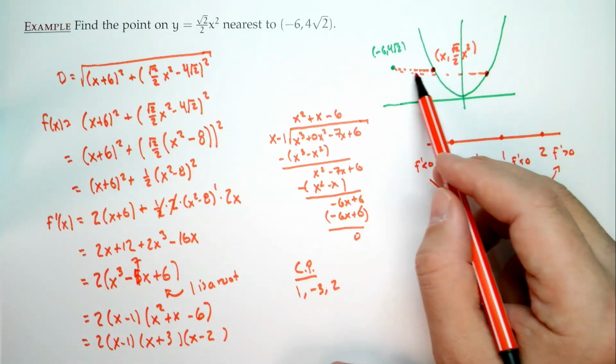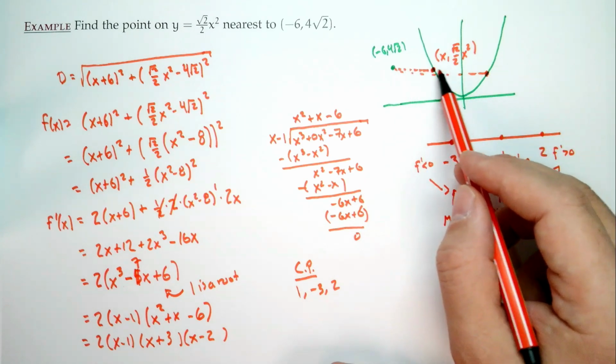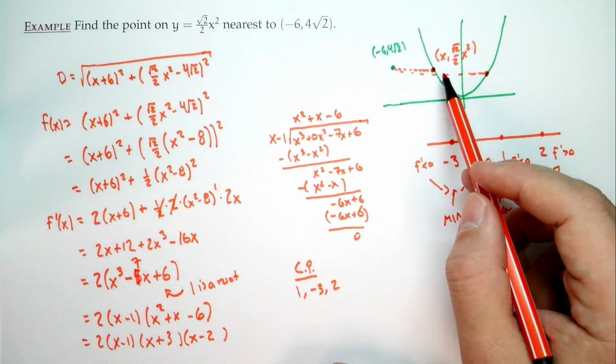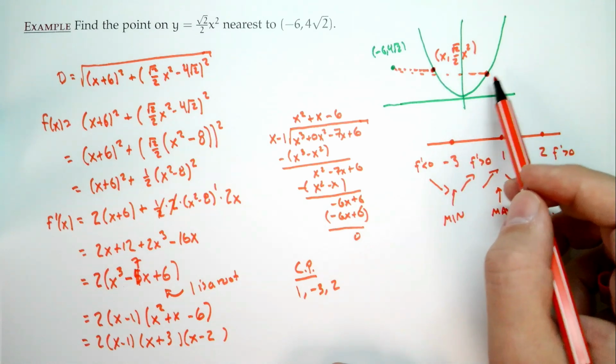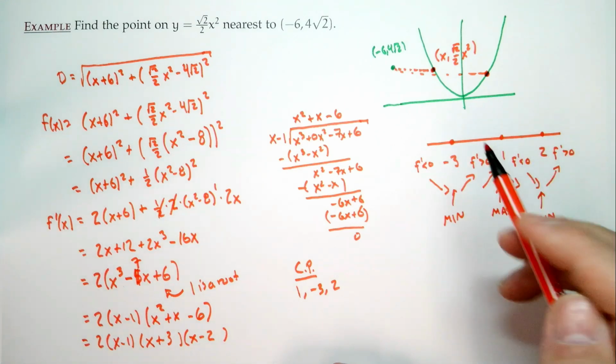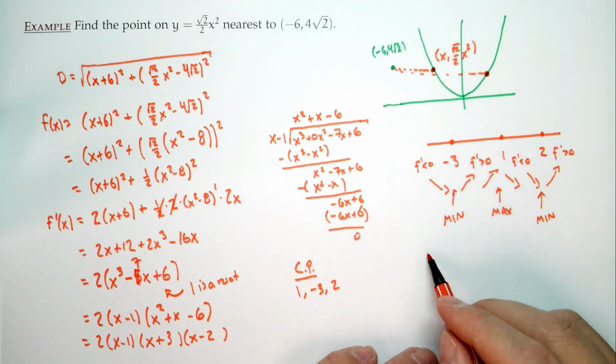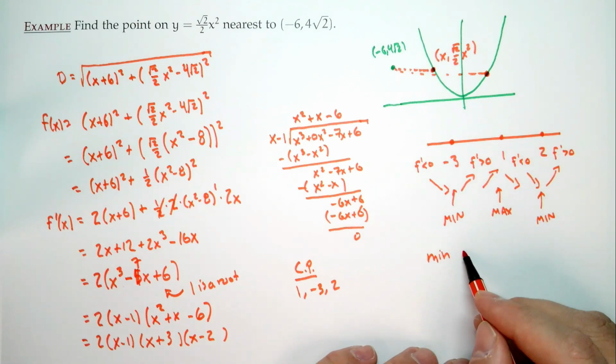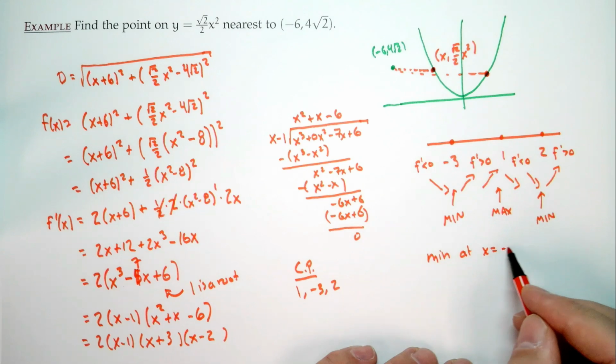If I go all the way across, I'm going to have to cross the parabola at some point. That's going to be near. So I can't go all the way. 2 won't be the minimum, because I can always do better. So therefore, the min, by reasoning, is at x equals negative 3.